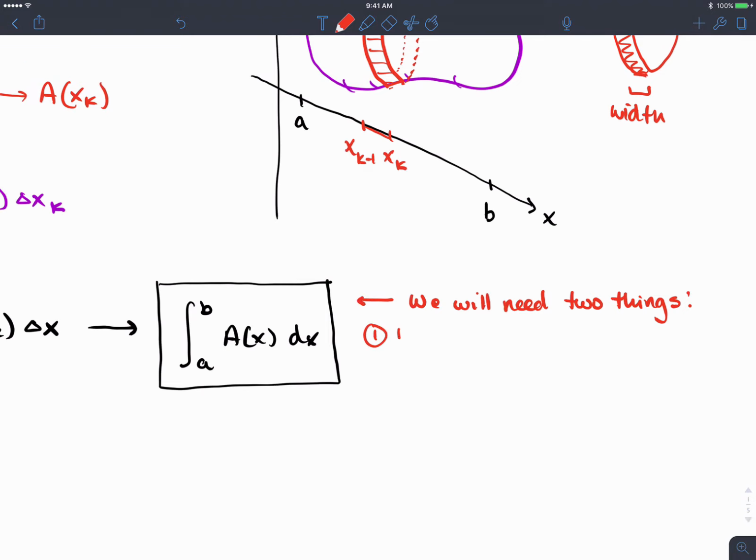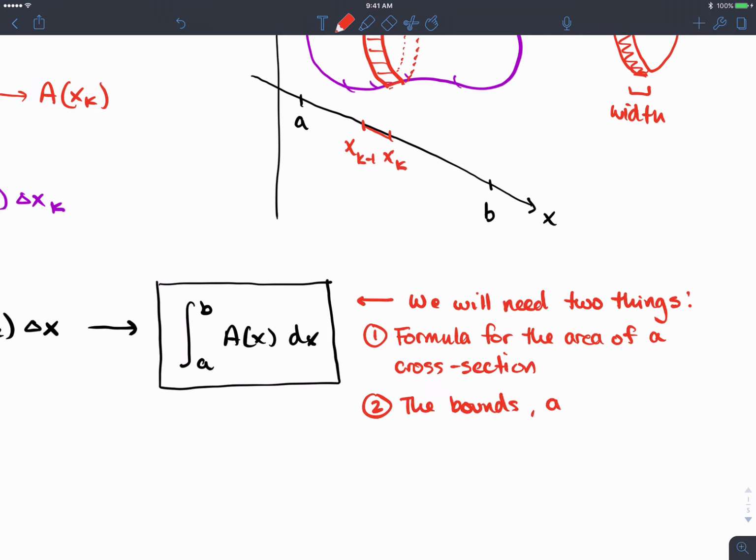The first thing we're going to need is a formula for the area of a cross section, where we referred to it as a slab in this case, but more generally, we're going to refer to it as a cross section. And then two, we are going to need the bounds, A and B.